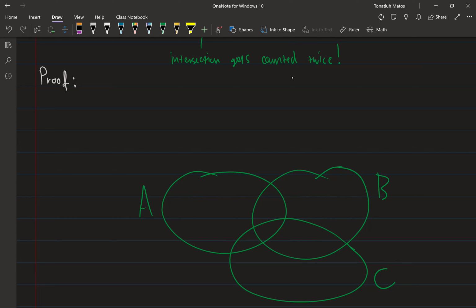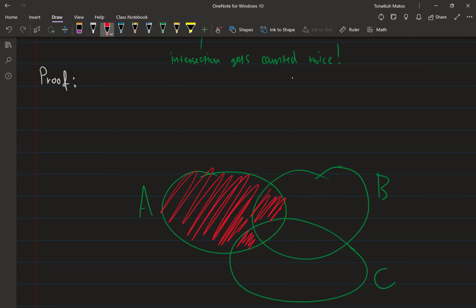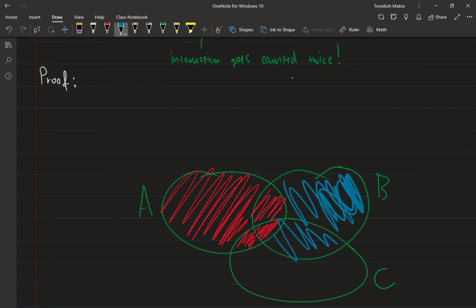Maybe I can make a better sketch of this. Let's use different colors. And maybe it makes a little bit more sense. Okay, so the problem is the following. I have A, and I counted A. Then in the next step, I am counting B, which is everything in blue. And I remove the intersection between A and B so that I don't double count it.